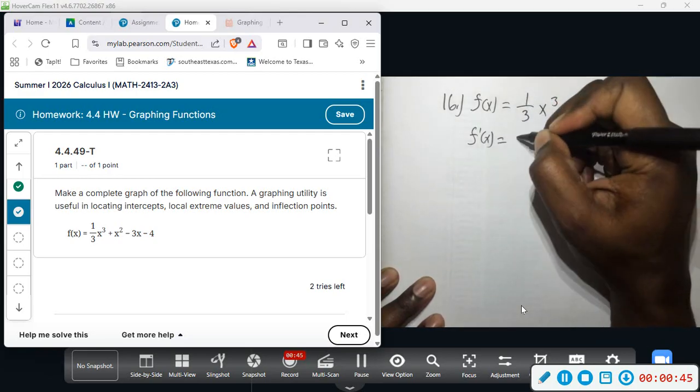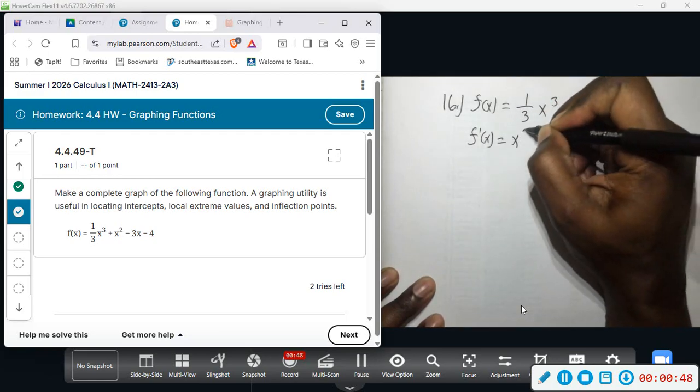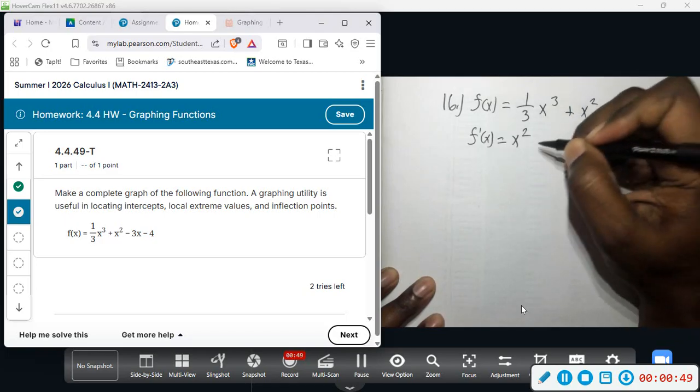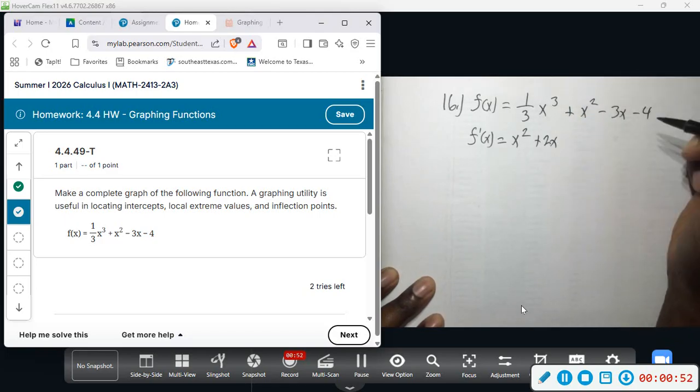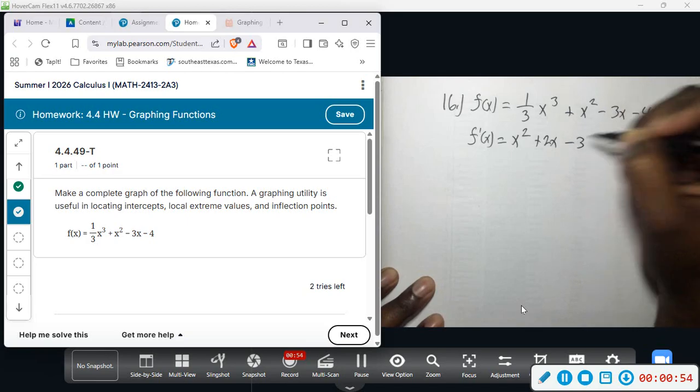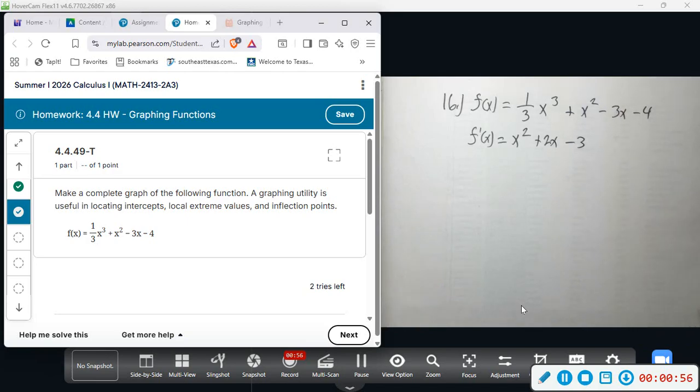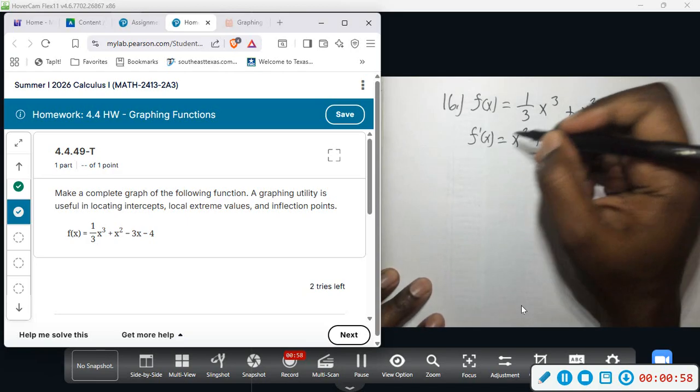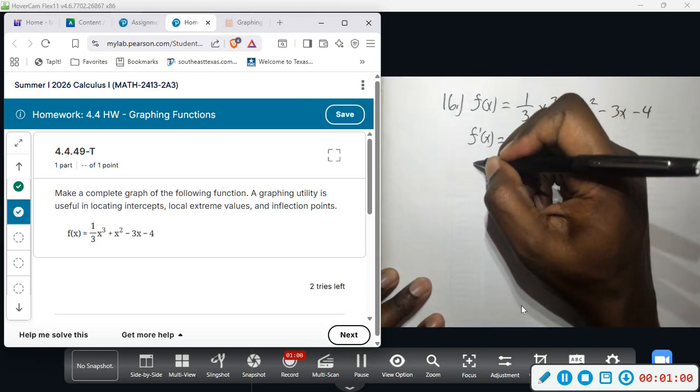Times 3 will give me just x, subtract 1 squared, plus 2x minus 3, and that'll be 0. We're going to set this equal to 0.